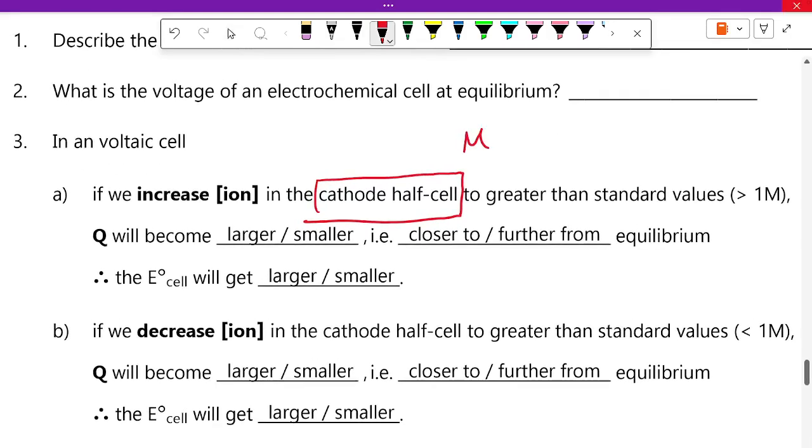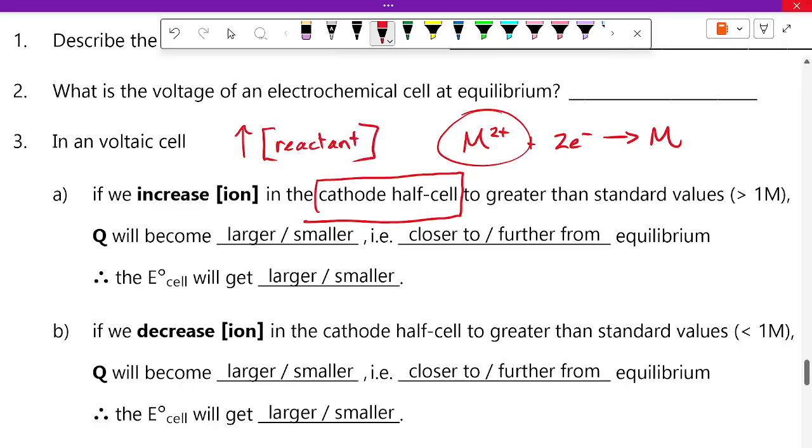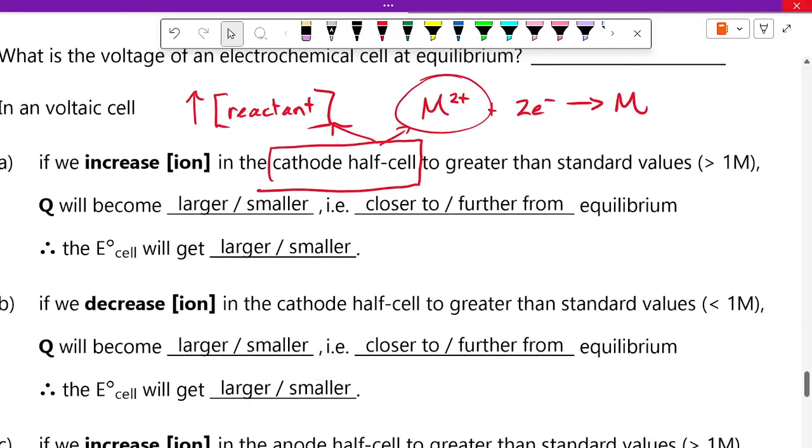So our metal ion will be M2+ plus 2 electrons goes to M. If we increase the concentration of the ion, are we increasing the concentration of product or reactant? Reactant. And if we increase the concentration of the reactant, that means that Q is going to become smaller.